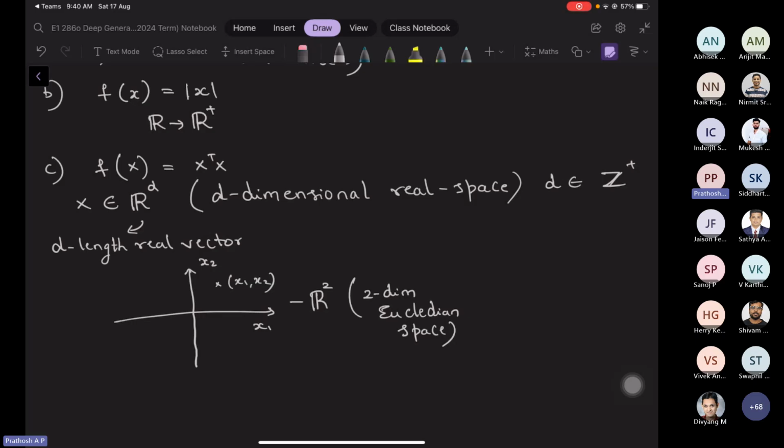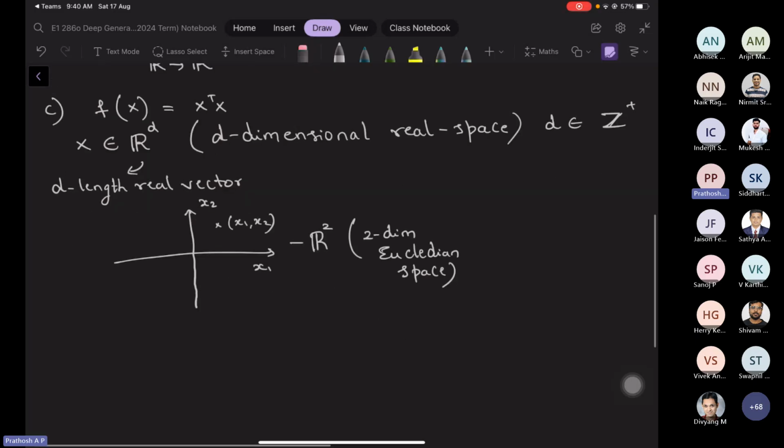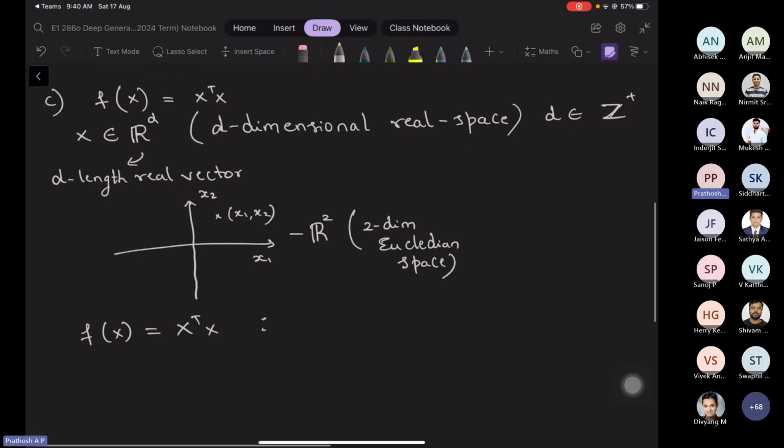Now this function that I'm talking about, f of x, will give you x transpose x, where transpose is the transpose operation of a vector, you understand what that means, right? Now this is a function that maps Rd to, again, R plus.